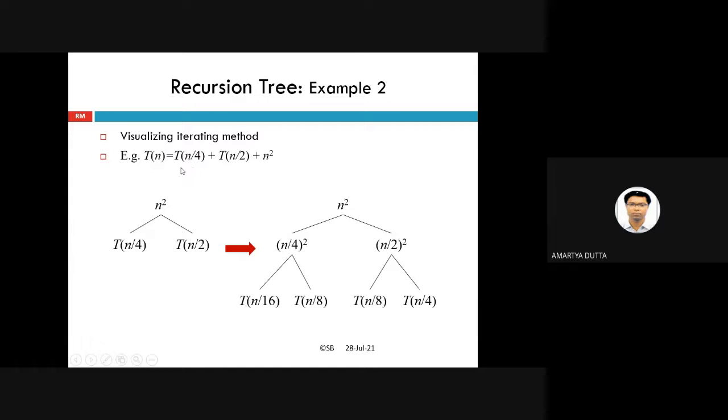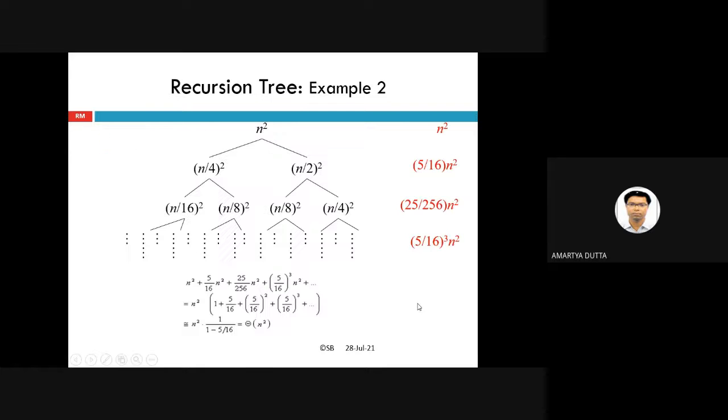Here T(n) is equal to T(n/4) plus T(n/2) plus n squared. So n squared is divided into two parts: (n/4) squared and (n/2) squared. Then (n/4) squared is again divided into n/16 and n/8, and n/2 is divided into n/8 and n/4.